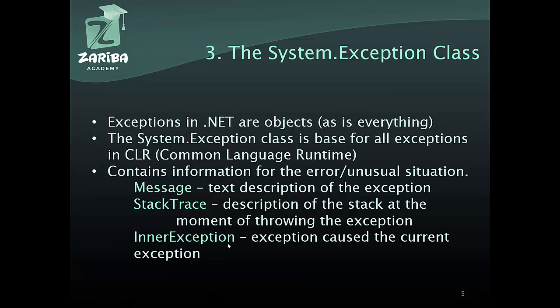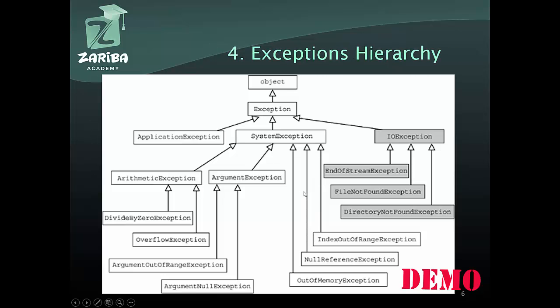Exceptions can be chained, so once you get one you can throw another one, and the inner exception allows you to access those exceptions that are thrown after the original one. We won't deal with that one too much, but I would like to check those two and see what they do and how they are used.